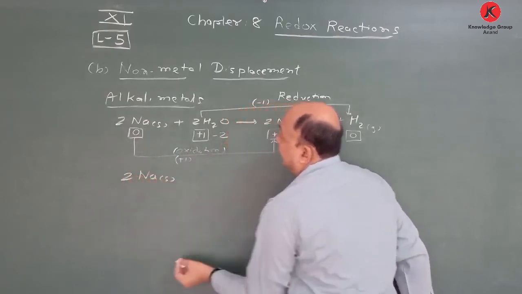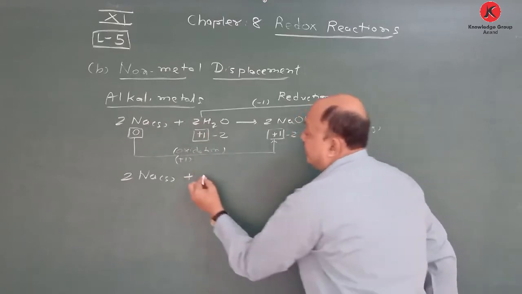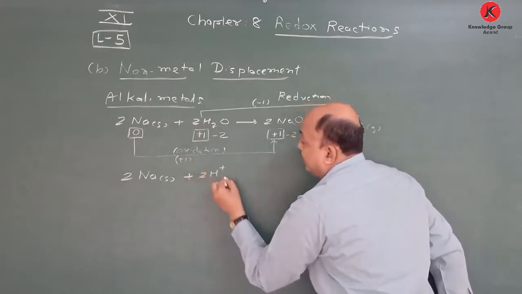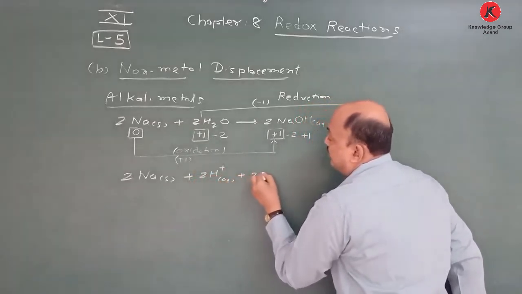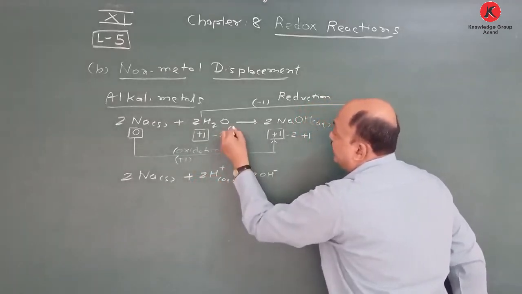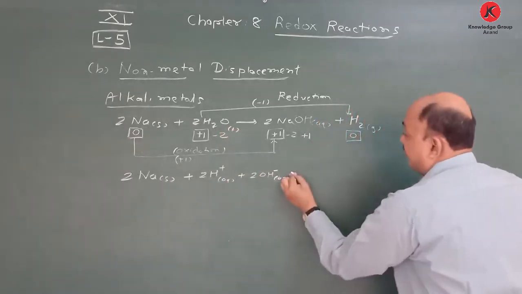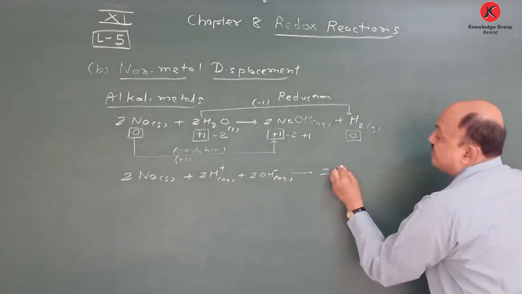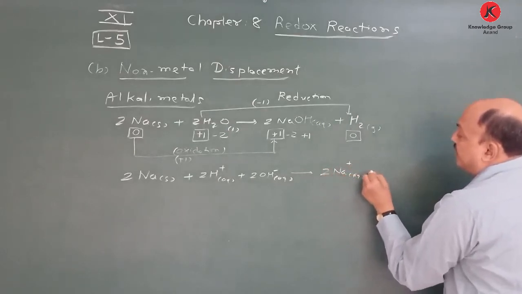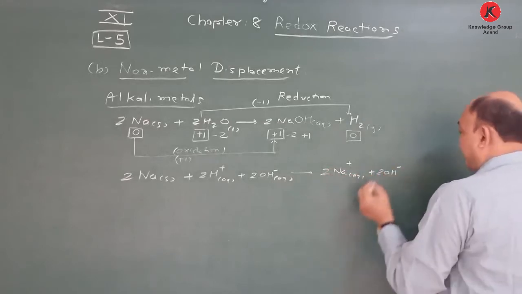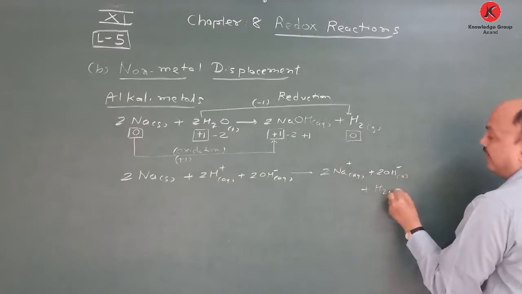2Na solid plus H2O means what? 2H plus aqueous plus 2OH minus aqueous, it gives 2Na plus aqueous plus 2OH minus aqueous plus H2 gas.